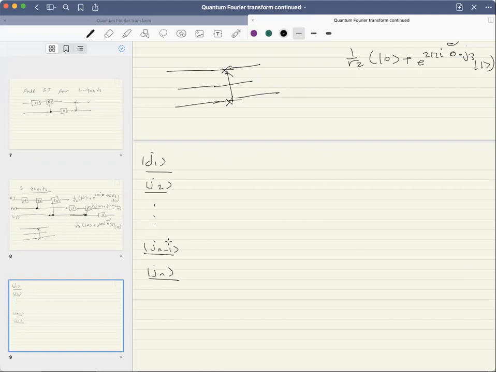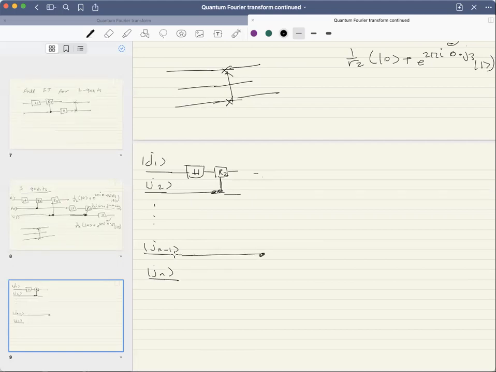So these states are coming in. Here I hit a Hadamard, I do an R2 here, a control rotation. Then I would do an R3 with the third one. This keeps going and this pattern continues.